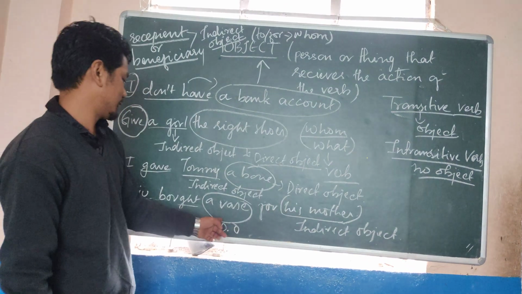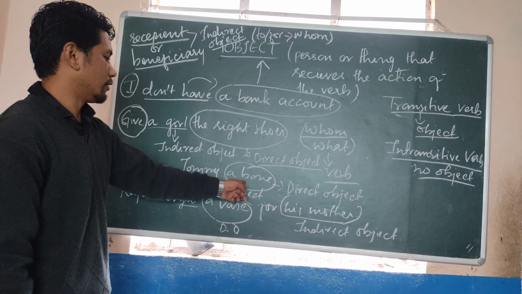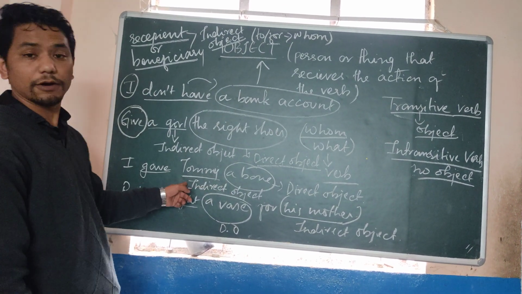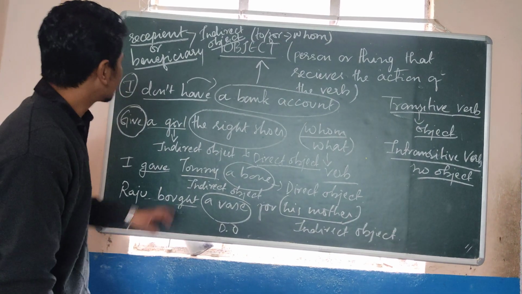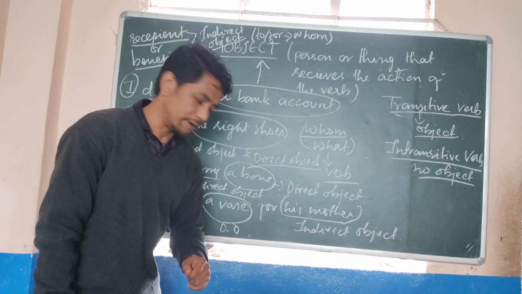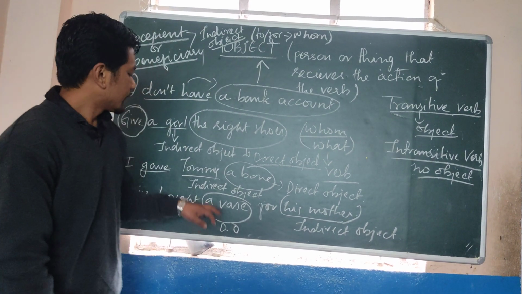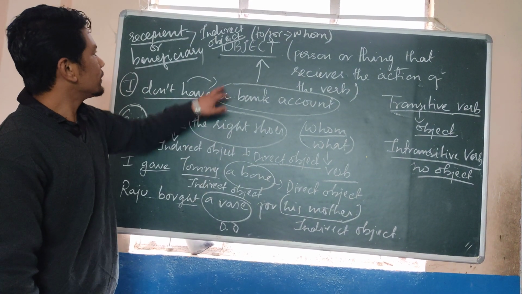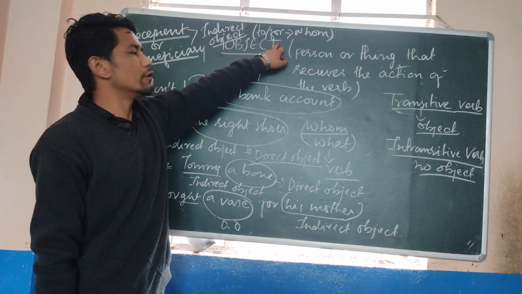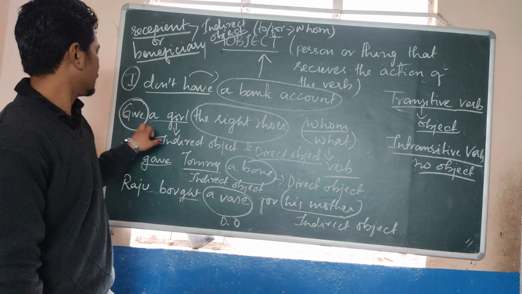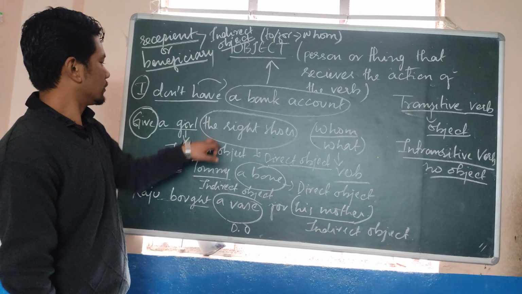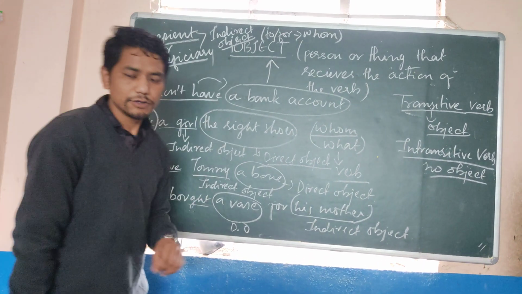She is getting the vase. A bone to whom? Tommy. Tommy is the indirect object. So this dog, Tommy, is the recipient of the action. To find the indirect object, you use to or for whom with the verb. Like here, give to whom? A girl.